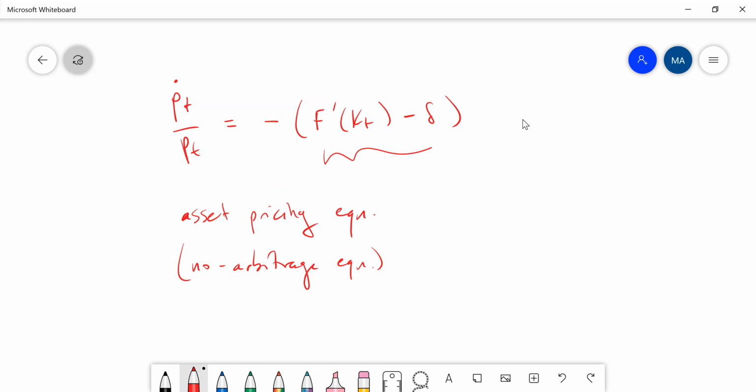You know what arbitrage is, right? You can buy at a lower price and sell at a higher price. So this type of optimality constraint, the costate equation, will tell you that you will not have any arbitrage opportunity. And this will be an asset pricing equation, because when we say pricing, of course, we mean the shadow price.